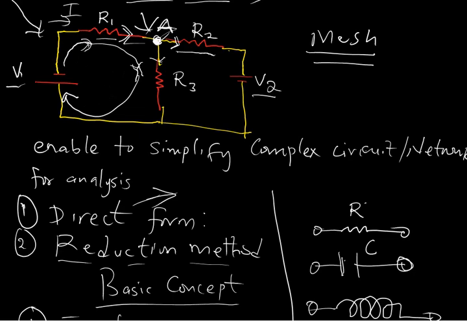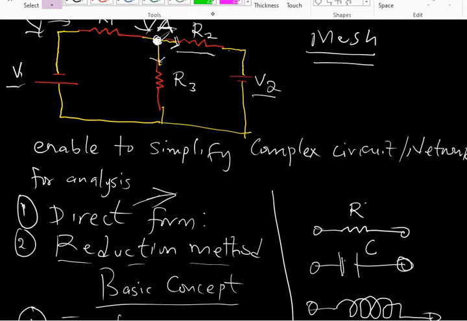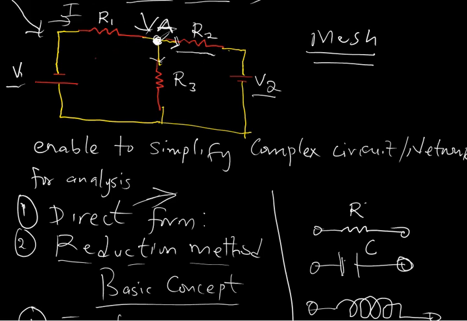Now let me tell you why it is called a mesh. It's called a mesh because it is just a loop that doesn't have any other loop within it.